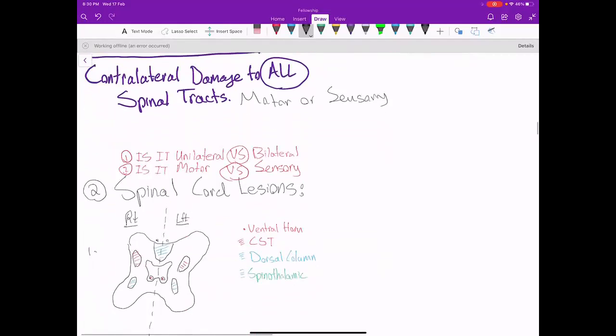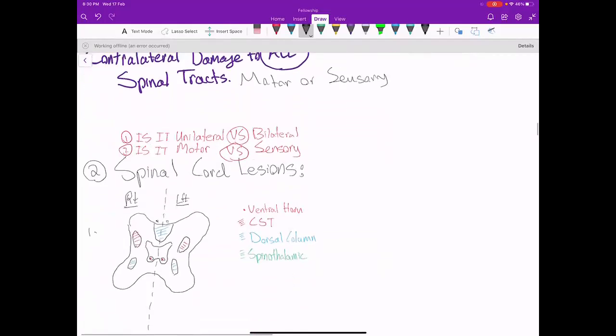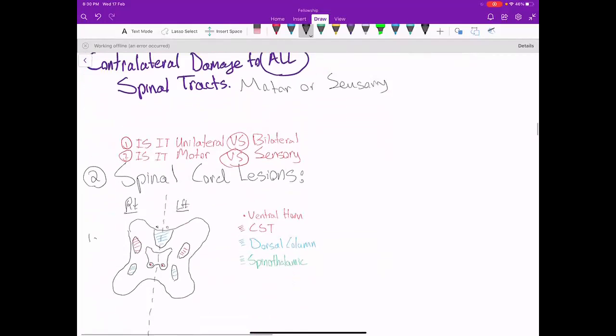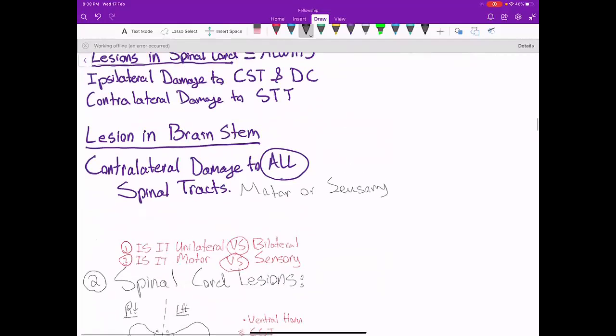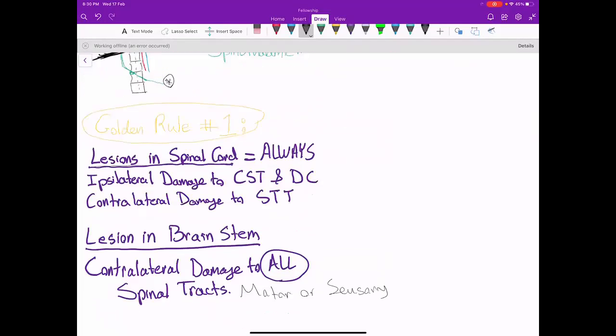Anything in the brainstem is going to be on the same side. It wouldn't be loss of sensation on one side and loss of motor function on the other. Everything will be on the same side in terms of symptoms, but everything will be contralateral to where the lesion is, right? Because everything decussates. The corticospinal tract comes down and decussates at the level of the medulla.